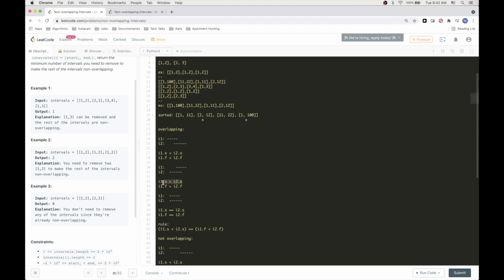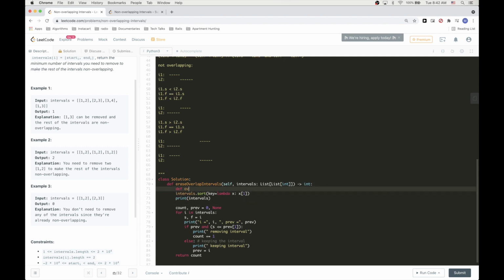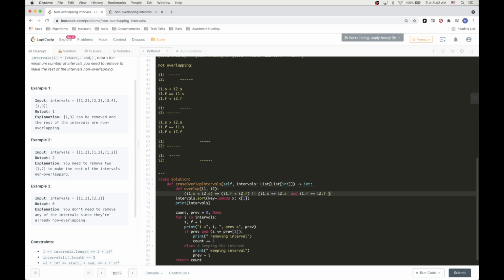Okay, but we need equal as well, right? Or they are both equal. Okay, and so let's define overlap I1, I2, and then return this value.